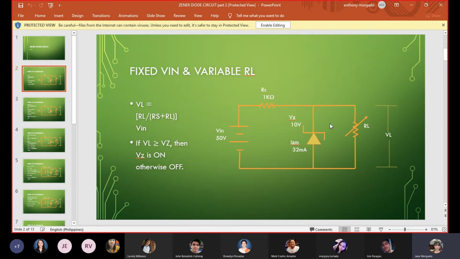If it is on, what will be the voltage across the Zener diode? Equal to what? We have what we call VZ. What is this VZ? Okay, you forgot?